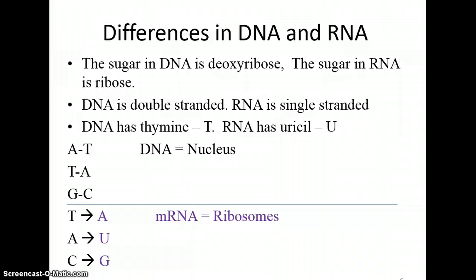The A would normally make a T, but RNA cannot make T's, so it made a U. The C makes a G. So we're giving this code, it's still the same code, we're just giving it to the messenger RNA, and instead of writing in T, we have to write in U for uracil, because mRNA cannot make thymine. It makes uracil instead. It does the same job as thymine. So now that the messenger RNA has the message, it will go to the ribosomes to decode it to make a protein.